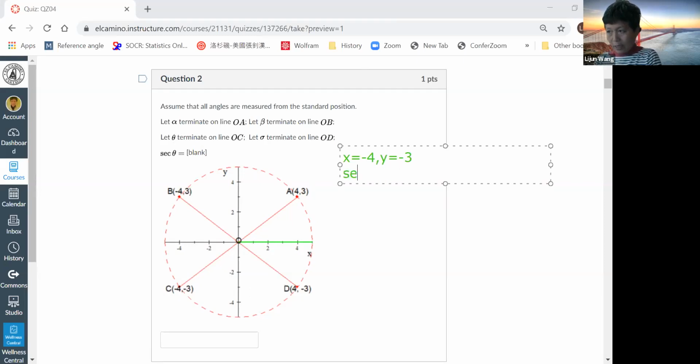So secant theta is going to be equal to, and of course R is 5, I don't need to list that one more time. So this is going to be 5 divided by what? X again, right? -4, right?